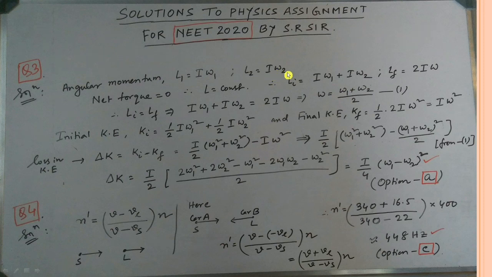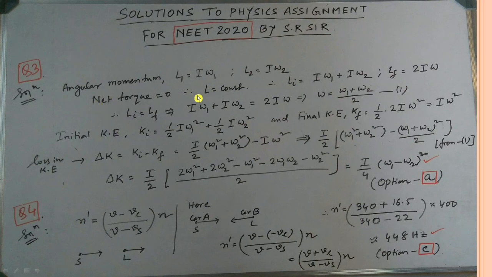Now when the two disks are placed one upon the other, such that the axis of rotation passes through their center, perpendicular to the plane of the disk, then the net torque is 0 and the angular momentum remains conserved.